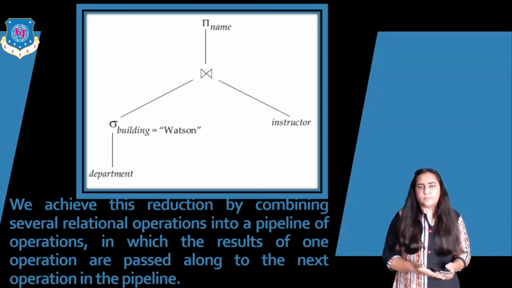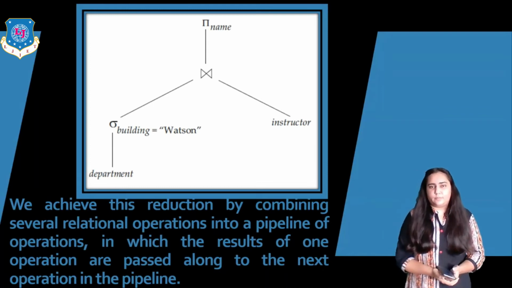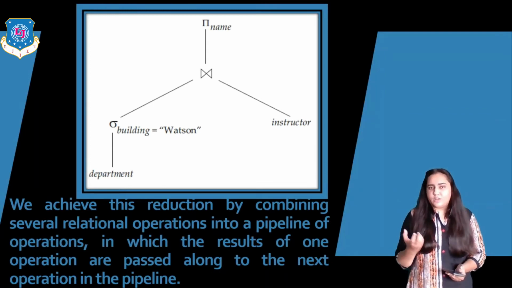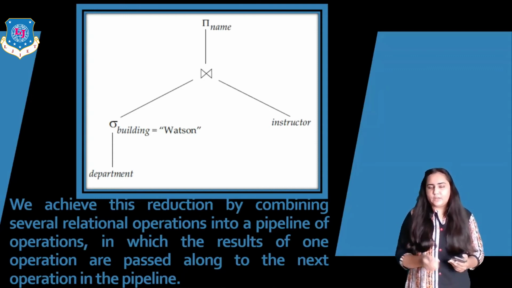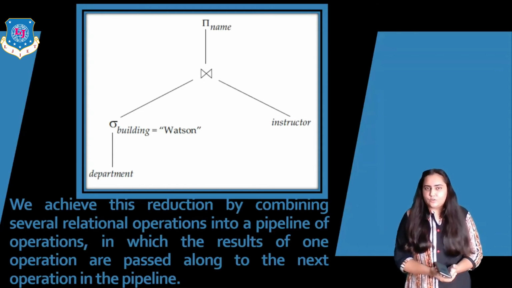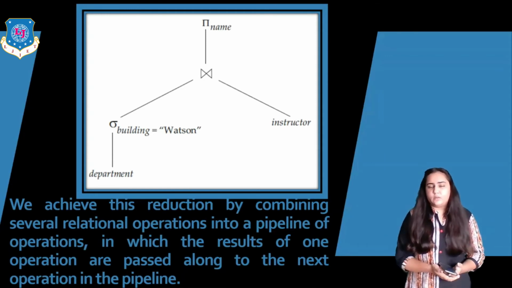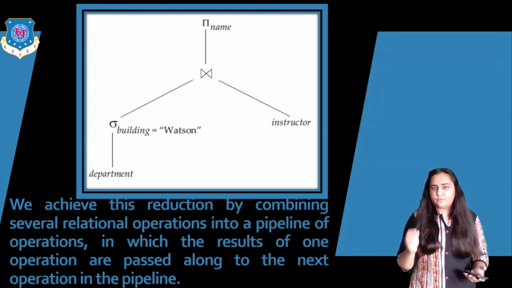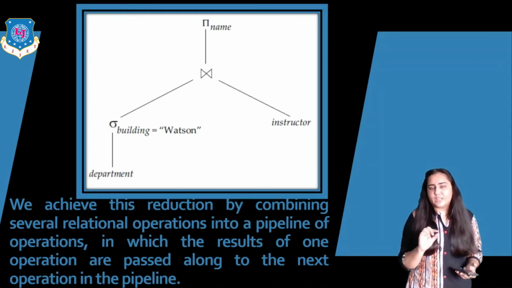Here you can achieve this reduction by combining several relational operations into a pipeline of operations, in which the results of one operation are passed along to the next operation in the pipeline. So instead of moving step by step and creating one relation and then applying another operation and creating another relation, here there's a pipeline created. So each row of a table passes through this pipeline. For example, if you have one row from the department, and let's say that row does not have the building Watson, then first you are just going to evaluate that one row.